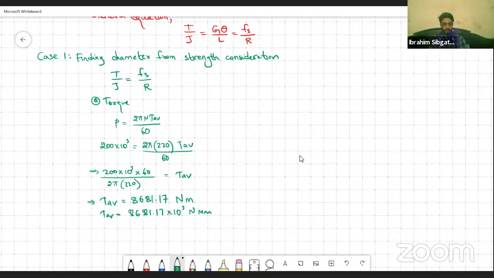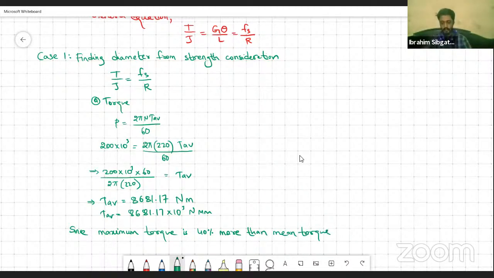It says maximum torque is 40% more than mean torque.